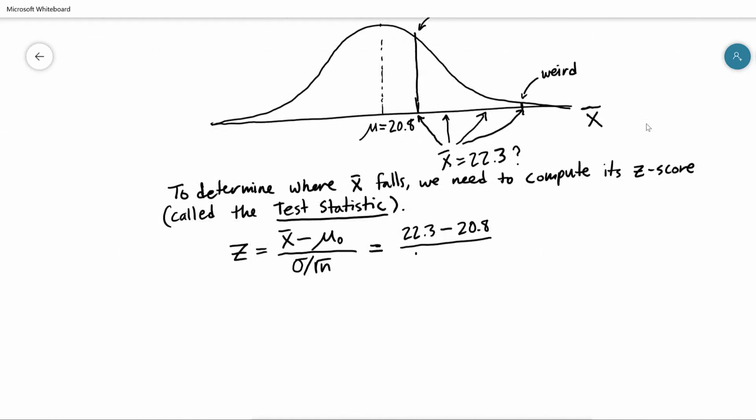My sigma was 4.8, and I'm dividing that by the square root of 80. If we're plugging this into the calculator, maybe toss some parentheses around the numerator and around the denominator, to make it a little easier on ourselves. Let's plug these into the calculator, and I get about 2.80.